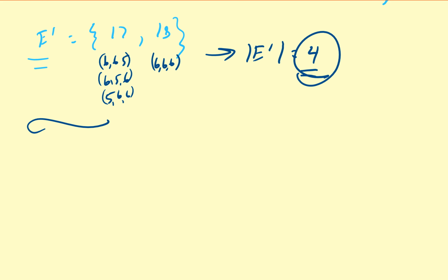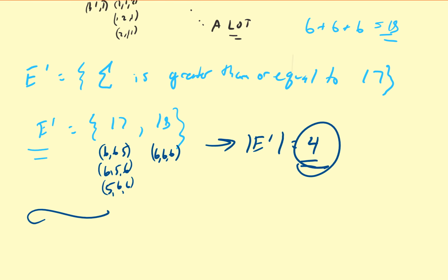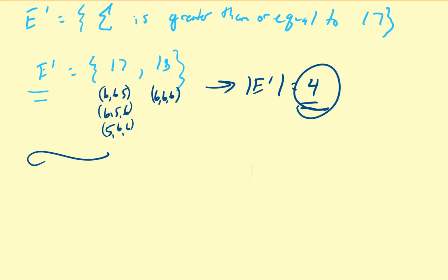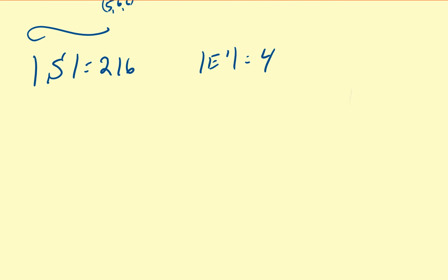Alright, so let us go back here. What do we have? We have 216 values in our sample space. We have 4 values in our complement space. So that means the size of E must be equal to 216 minus 4, which is going to be 212.